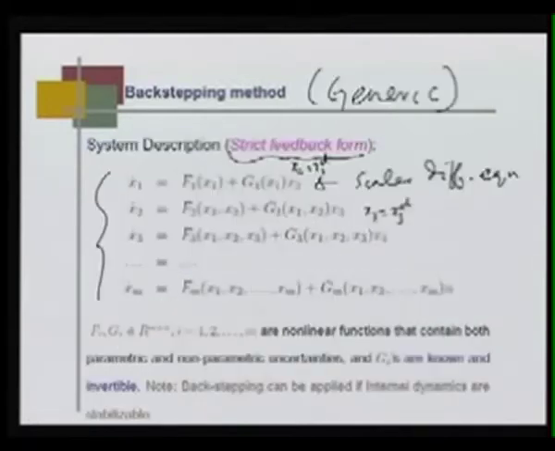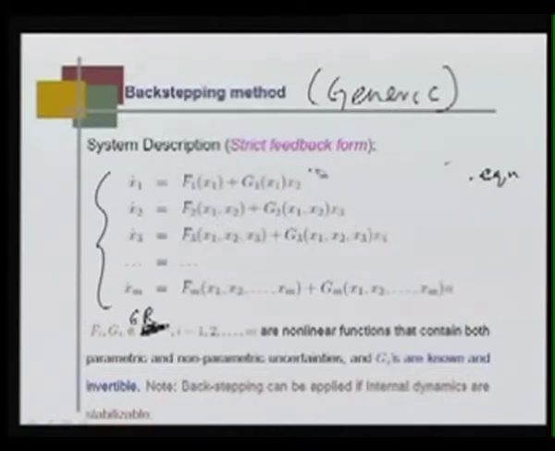So, what we are trying to do here is find x2d, x2 equal to x2d, such that x1 tracks x1d in this one.